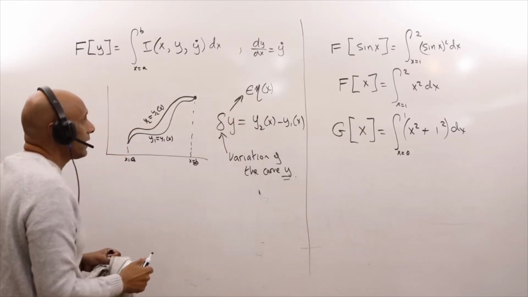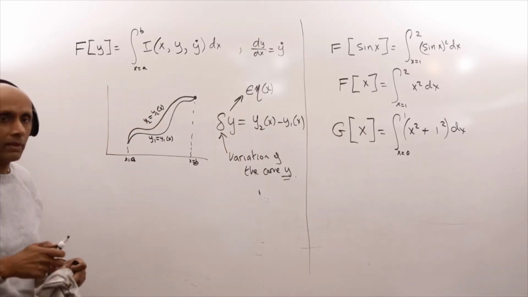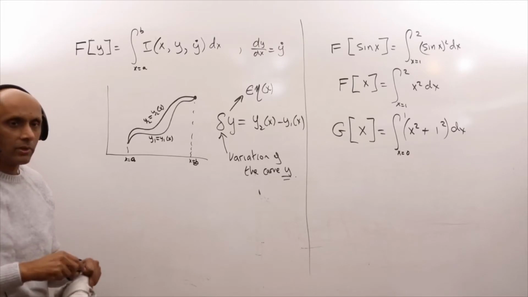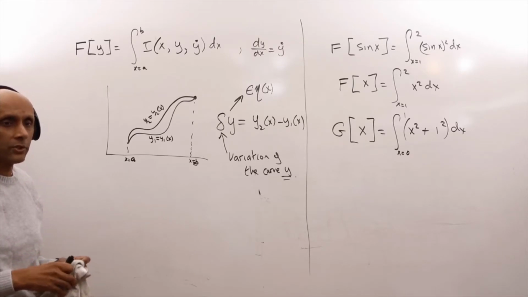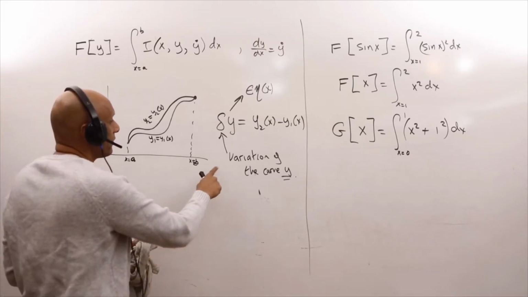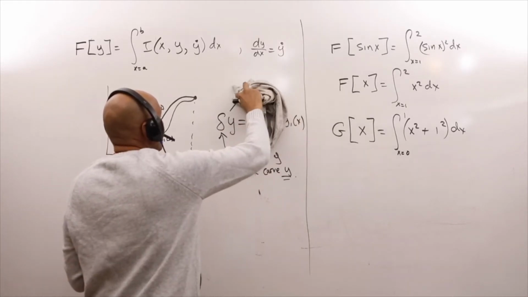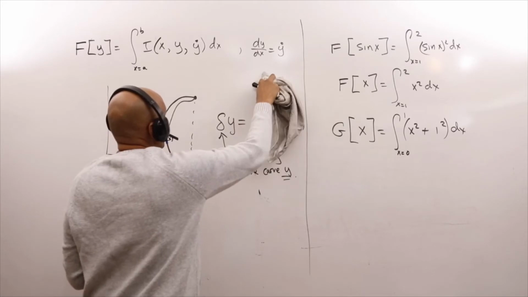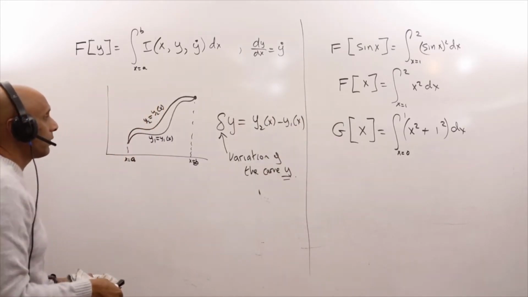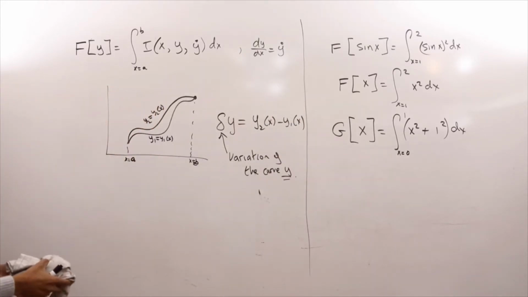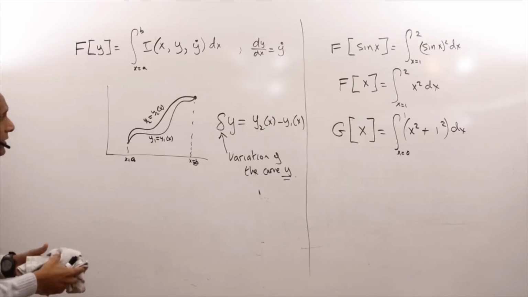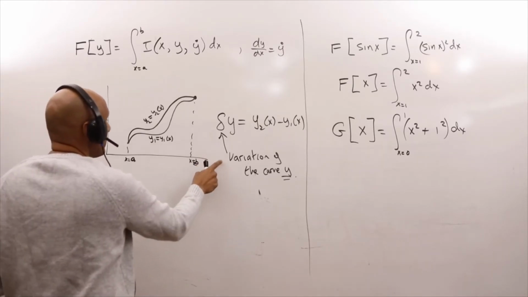We could do that, but I'm trying to teach you some physics notation in algebra so that we can simplify calculations. So I'll actually use the variation of the curve instead of epsilon eta at x, even though many textbooks do that, and it's actually more proper. But I want you to feel more comfortable with the notation that we use in physics, variations. So this is the variation of the curve.